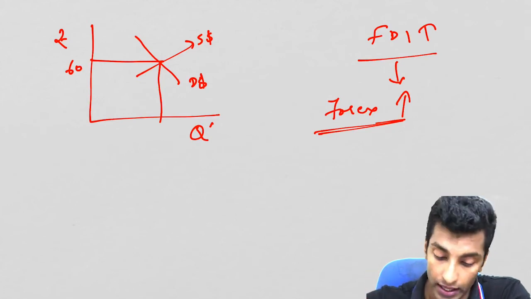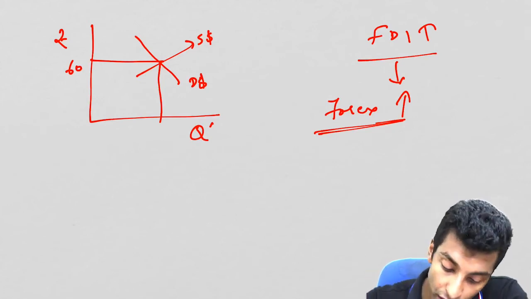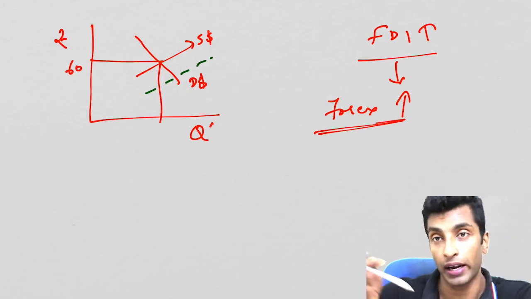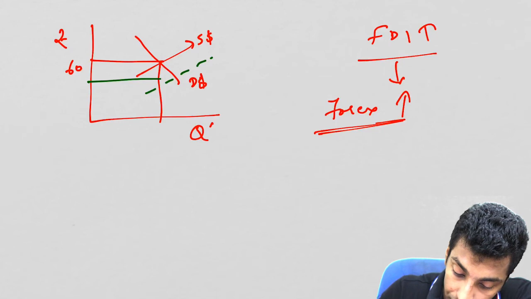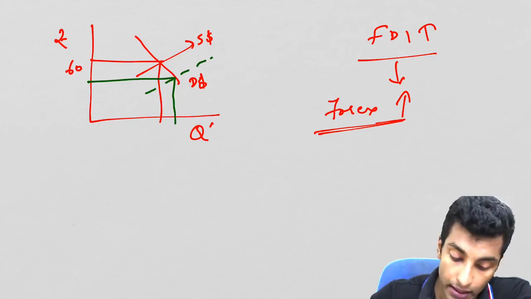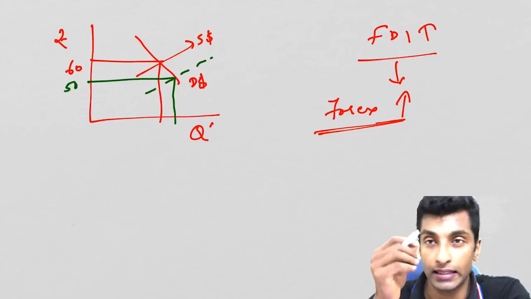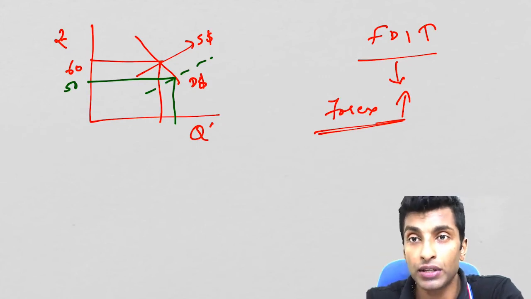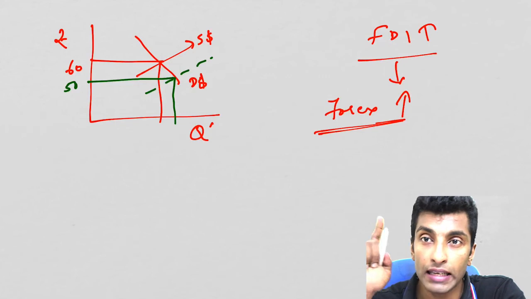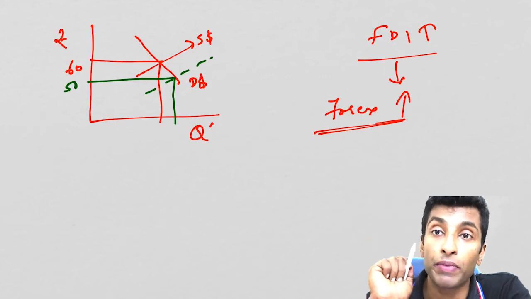Supply of dollar will increase, right? Supply of dollar increase means you need to shift the supply curve to the right. So the supply curve shifts rightward. So you can see here 60 became like 50 or less than that. What does that mean? Rupee appreciates. Okay, so when Forex is increasing, rupee appreciates. So when quantitative easing happens, rupee appreciates.